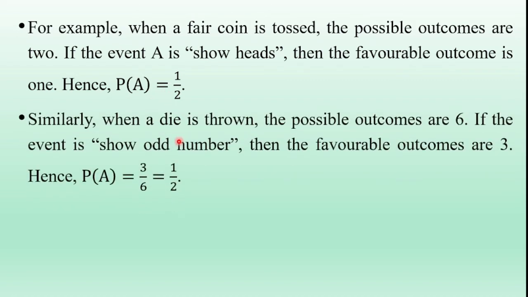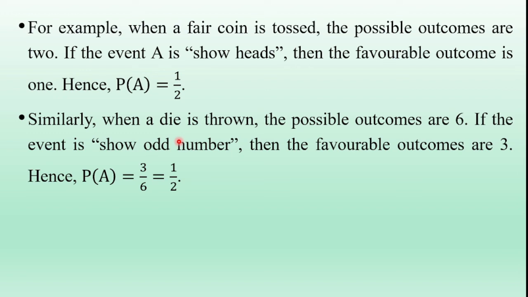One more example. When a die is thrown, the possible outcomes are 6, that is 1, 2, 3, 4, 5, 6. If event A is showing an odd number, we find the probability of showing an odd number in rolling a die. The odd numbers are 1, 3, 5, so the favorable outcomes are 3.